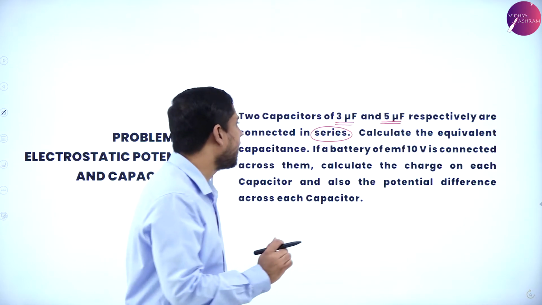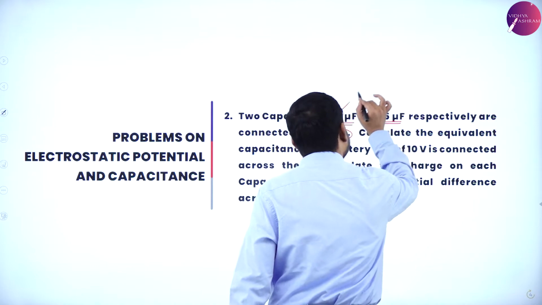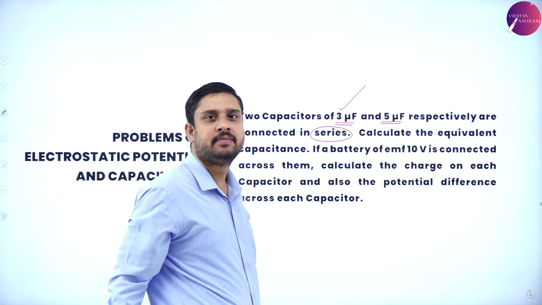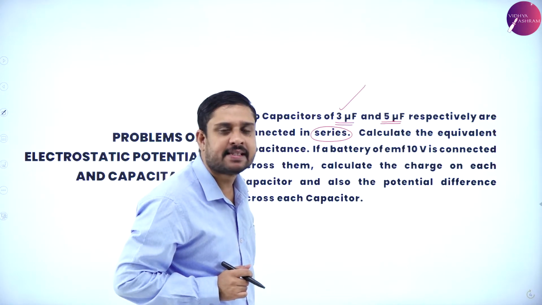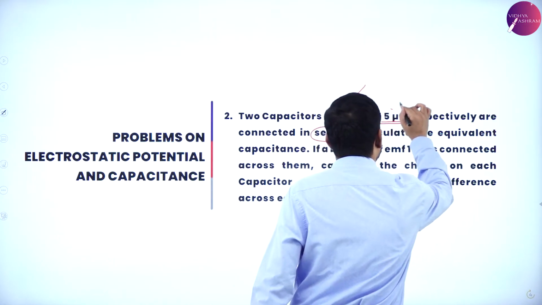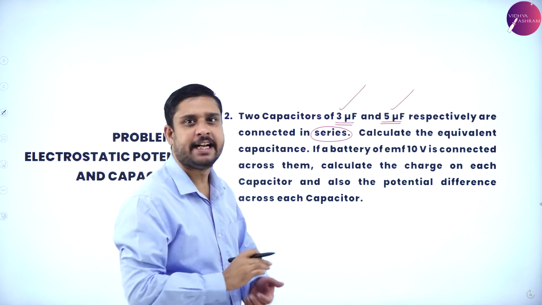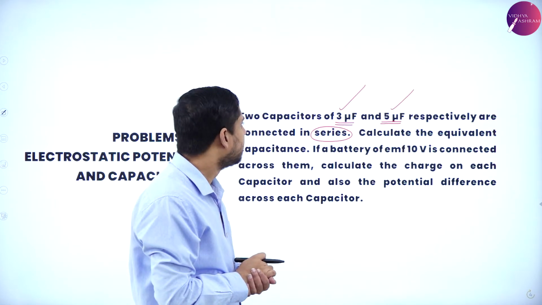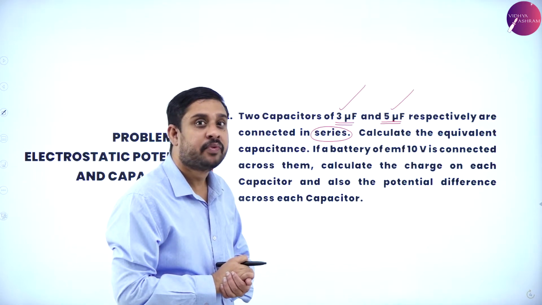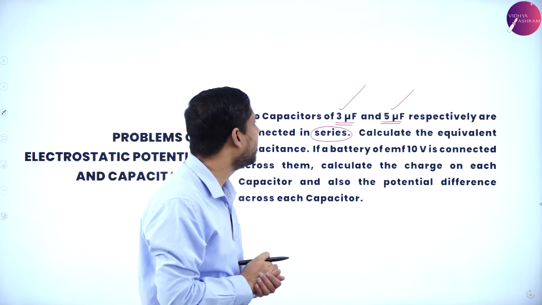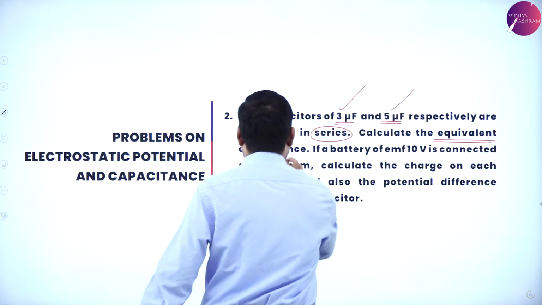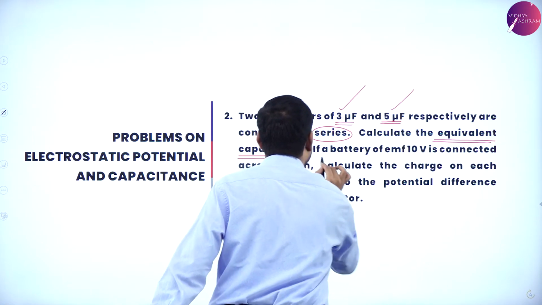The capacitance of the first capacitor is 3 microfarad. Capacitance of the second capacitor is 5 microfarad, and they are connected in series. The first part of the question is to calculate the equivalent capacitance.